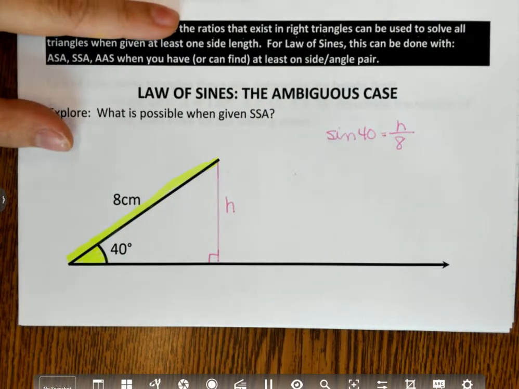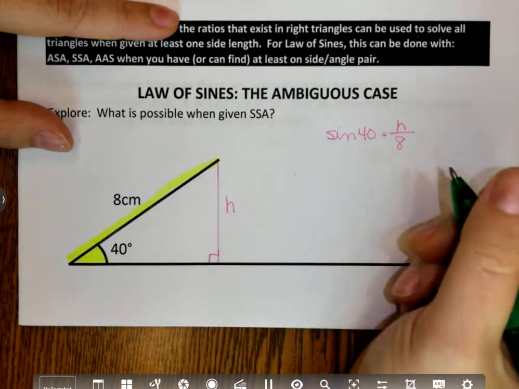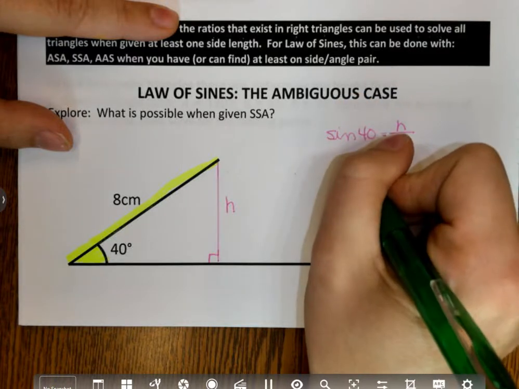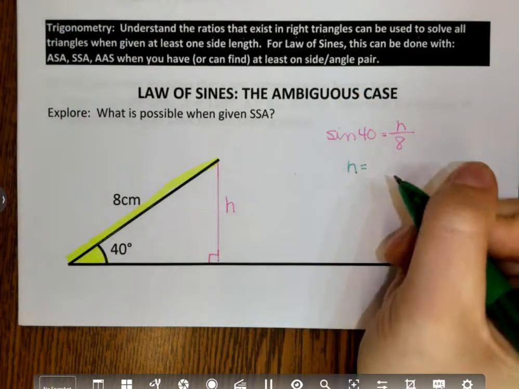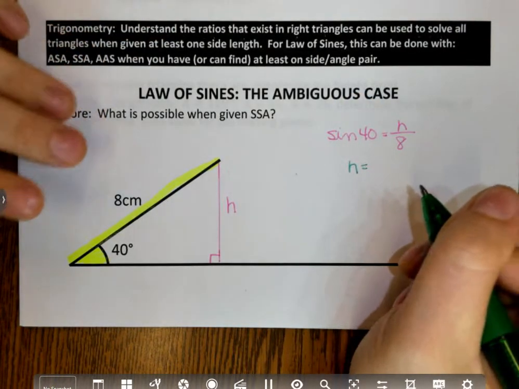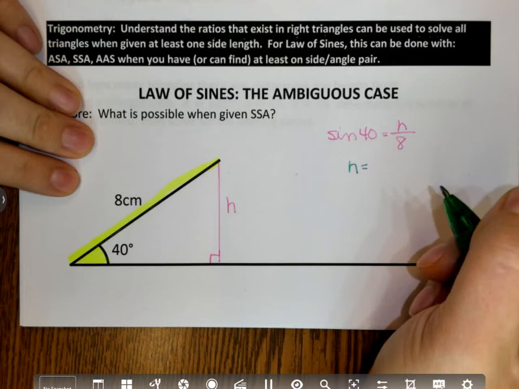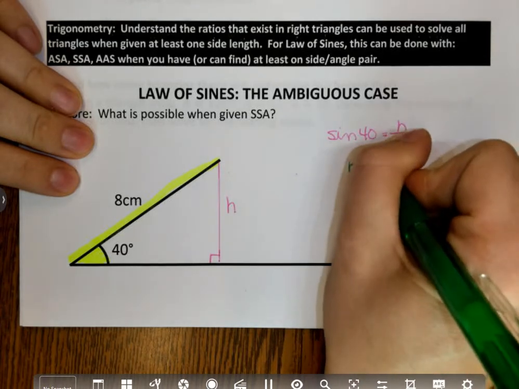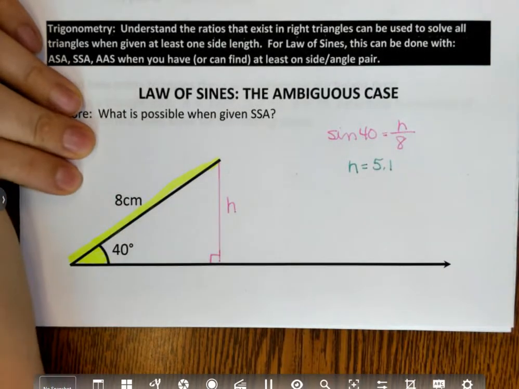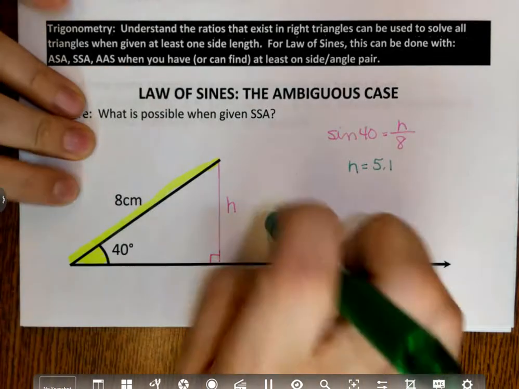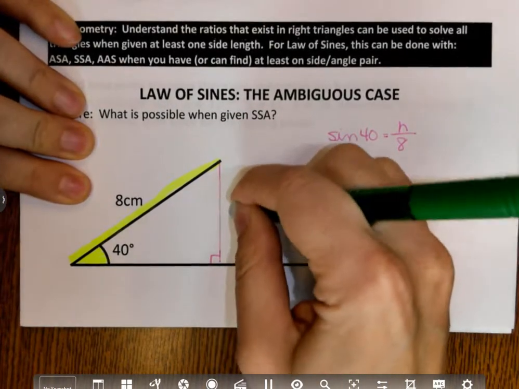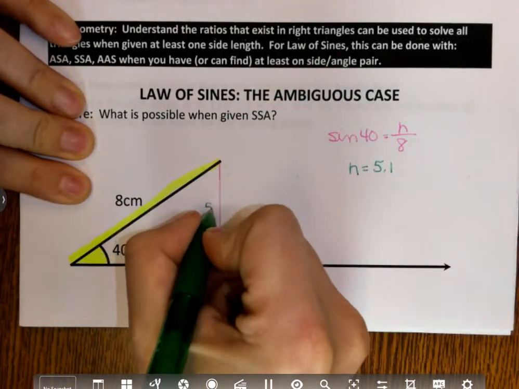And how would you solve that? 8 sine 40. We're just going to be using this for reference, so if you could give me that to the nearest tenth. I'm just going to use 5.1, just to be easy. So this guy here is 5.1.